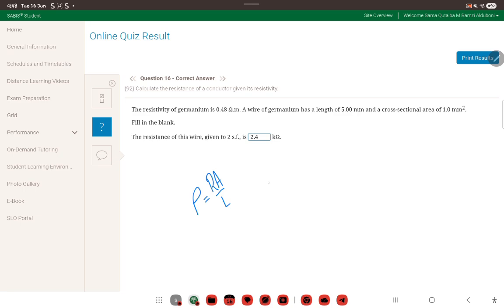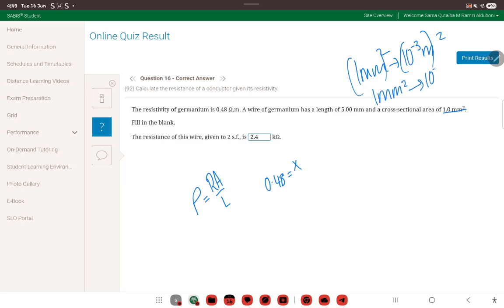So we're given rho as 0.48 is equal to the resistance, which we need to find, times the cross-sectional area, which is 1 millimeter power 2. We need to convert this to meter power 2. We know that 1 millimeter is equal to 10 power minus 3 meters. If we square both sides, we should get 1 millimeter power 2 is equal to 10 power minus 6 meter power 2. So we do x times 1 times 10 power minus 6 divided by 5 millimeters, which is 5 times 10 power minus 3.